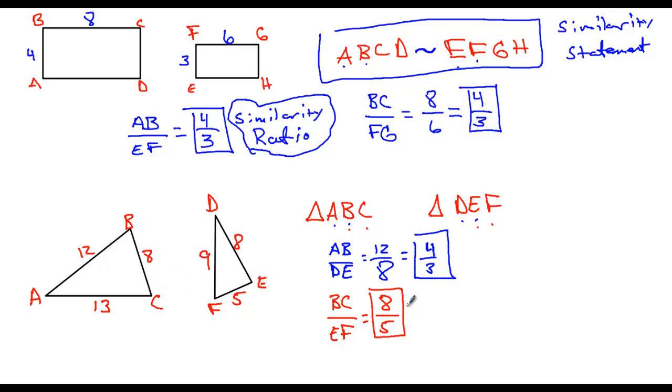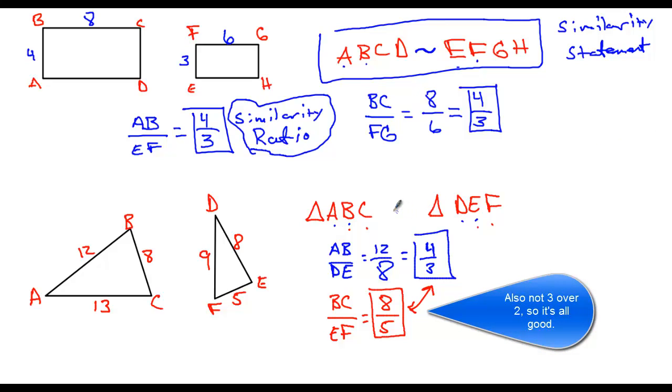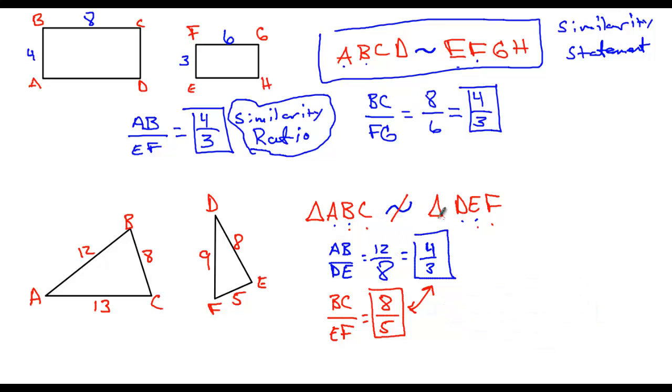Now, the problem here is these two things are not equal. So, triangle ABC is not similar to triangle DEF. And I don't even need to check the other side, because if it's not similar on one set of sides, it's not going to be similar anywhere.